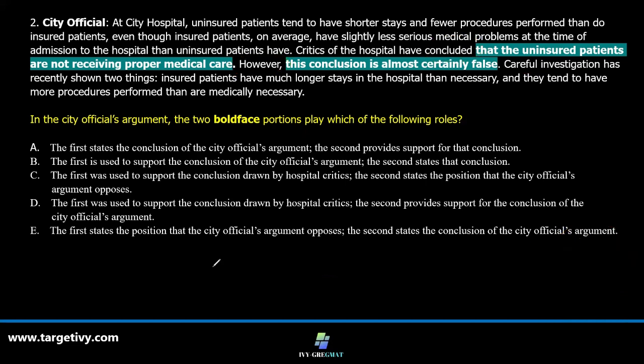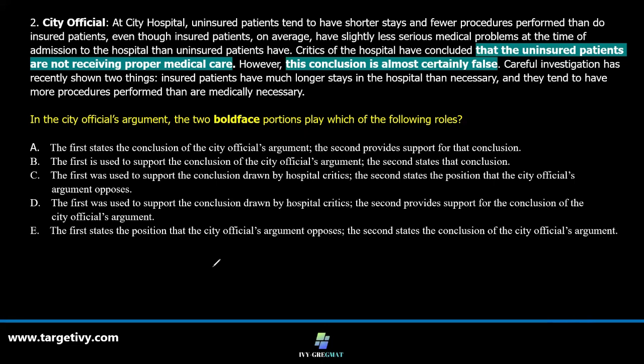It starts with the city hospital official who says that at the city hospital, uninsured patients tend to have shorter stays and fewer procedures performed than do the insured patients, even though insured patients on average have slightly less serious medical problems at the time of admission to the hospital than uninsured patients. So this is the situation he's saying.